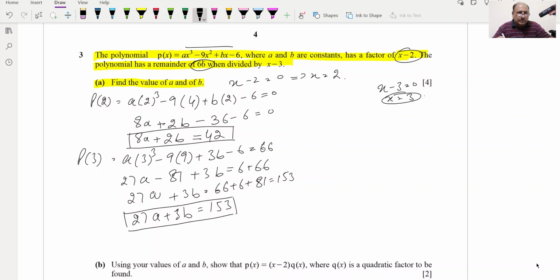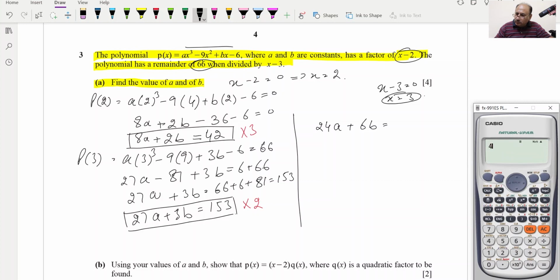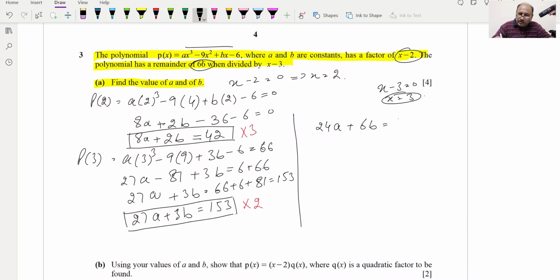To solve this simultaneously, what we will be doing, we will be multiplying this first equation by 3 and multiplying this equation by 2. We want to equalize the coefficients of b, and our equation will become, when this is multiplied, 24a plus 6b is equal to 42 into 3, which is 126.